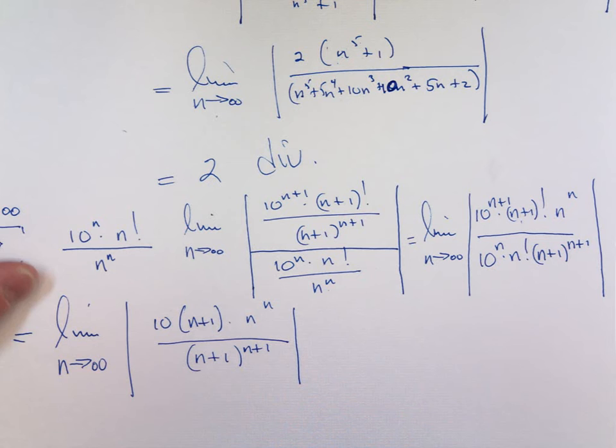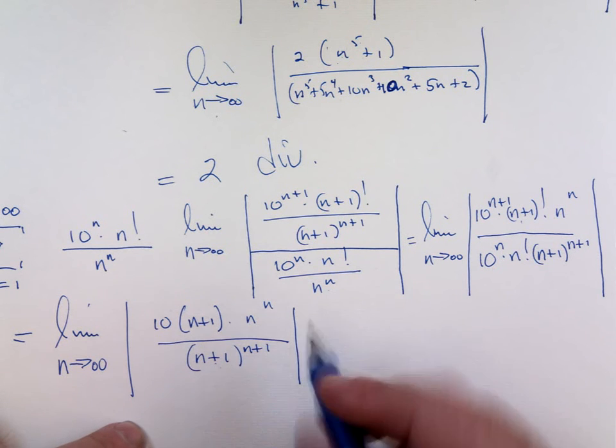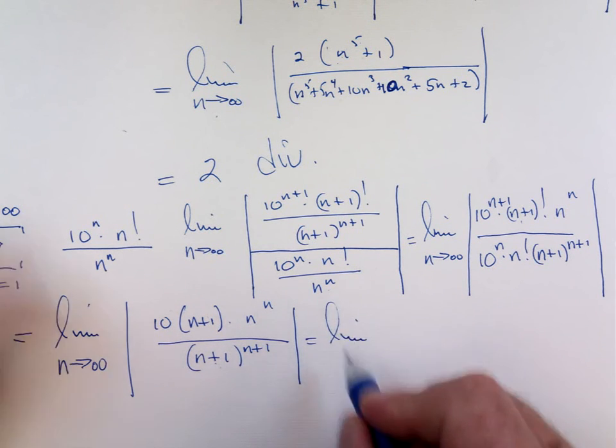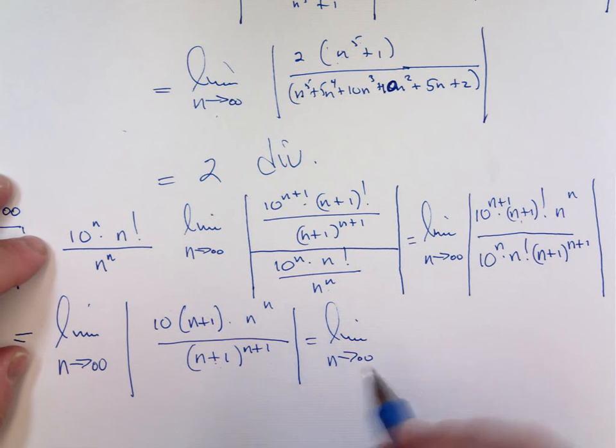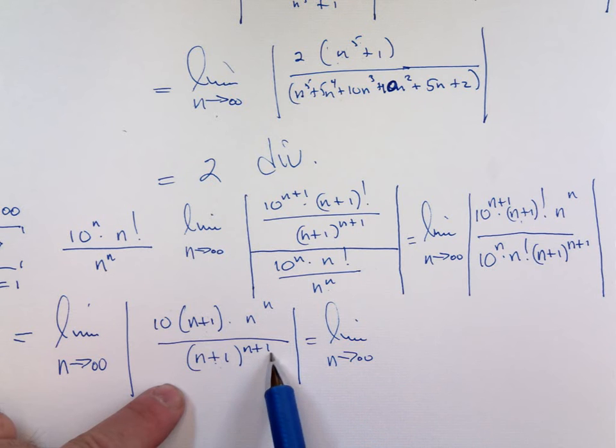What can we do here to simplify? We have an n plus 1 and an n plus 1 to the n plus 1. What do these simplify to? Would it all be over n plus 1 to the n?